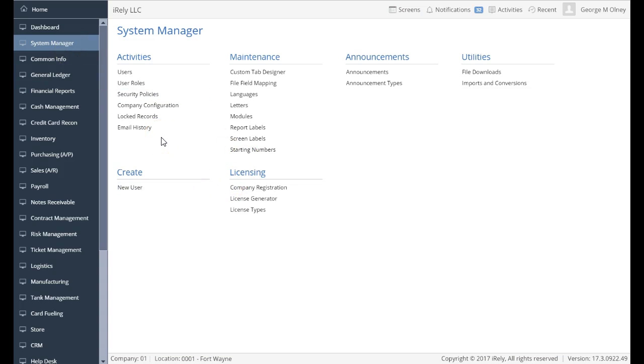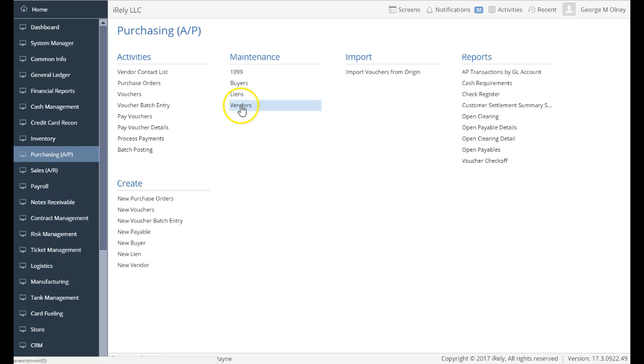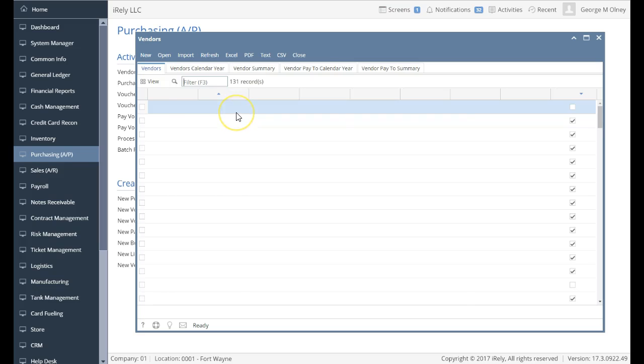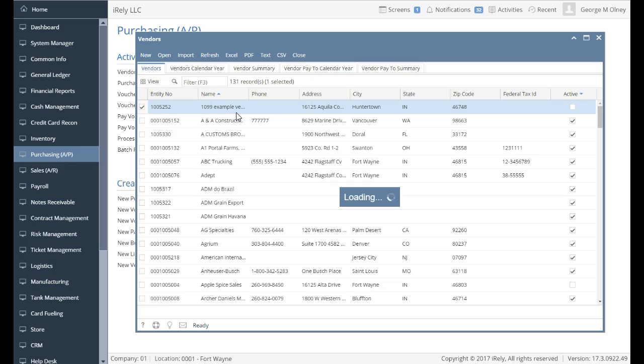We do blackout passwords, we encrypt passwords, we encrypt routing numbers, and we encrypt bank account numbers. What that means is if you use inside of our accounts payable a vendor bank account number, it's encrypted inside of our system so that your IT department or members with access to the database can't actually get into the system and see the user's account number.